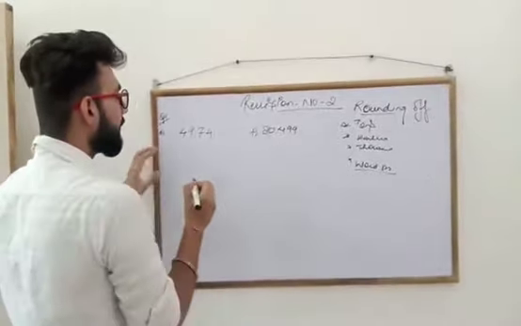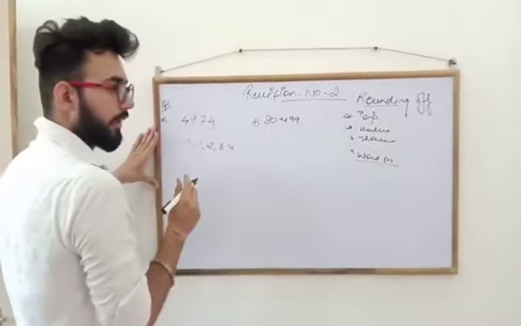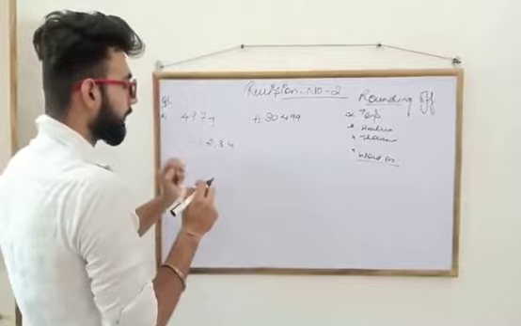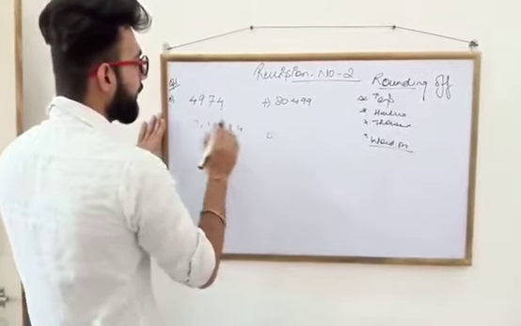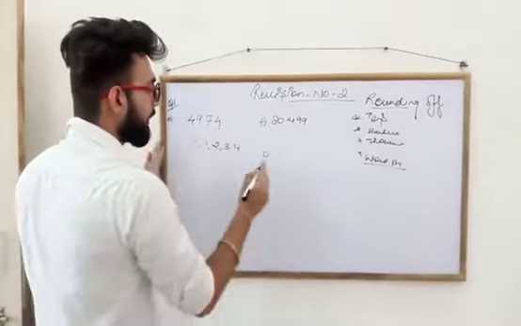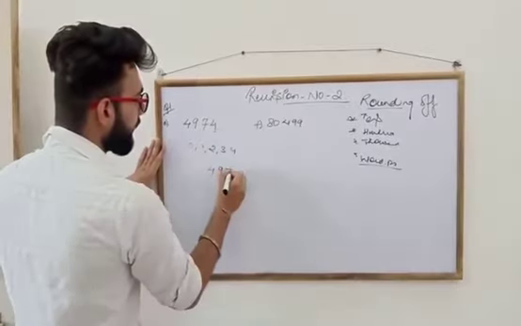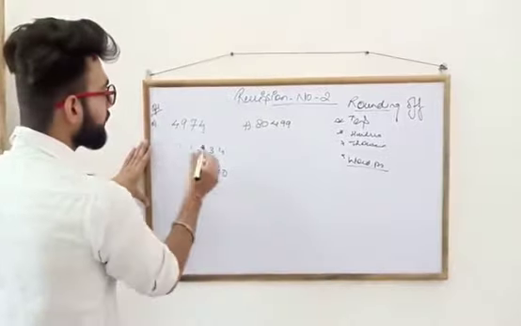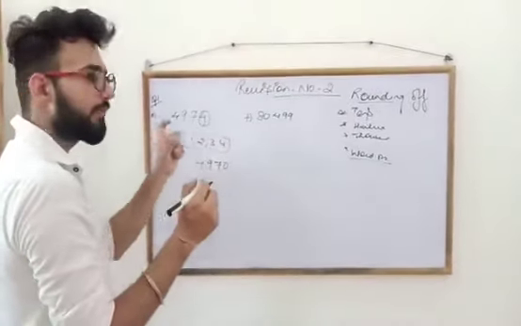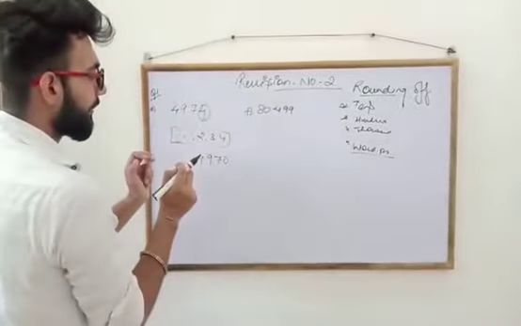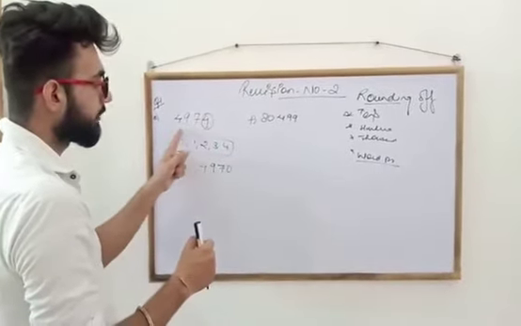If the number in the ones place is 0, 1, 2, 3 or 4, we replace the ones place with 0 and write the rest of the digits as they are. So the answer is 4,950. Why 50 and not 60? Because 7 is greater than 5.